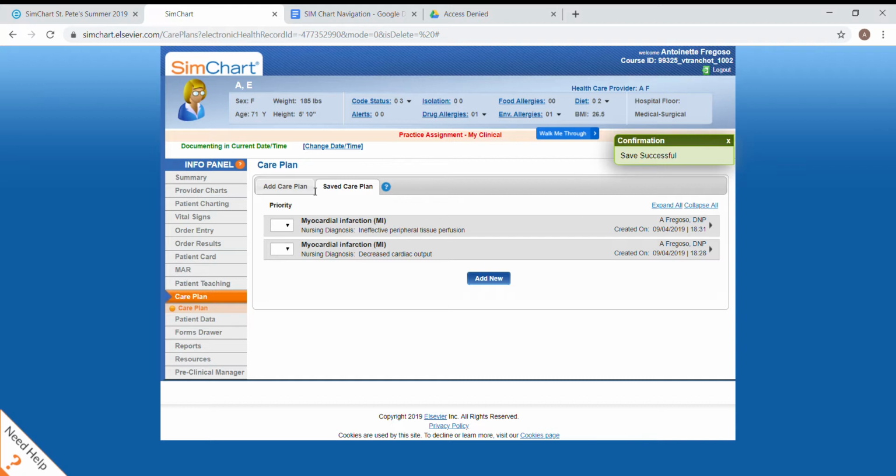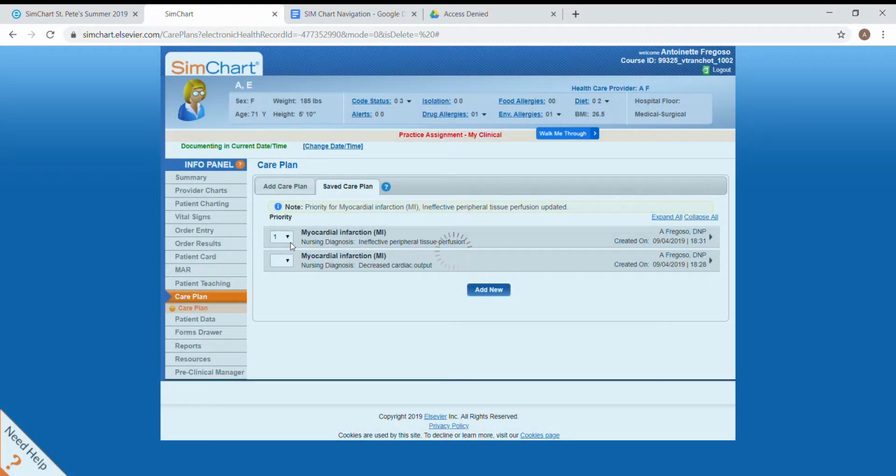Okay, so the priorities are important because this is what is targeting what we're doing for our patients. So this is going to be my number 1, that's going to be my number 2. Actually, this is my number 1, I'm sorry. My decreased cardiac output is my most important thing that I'm trying to do.